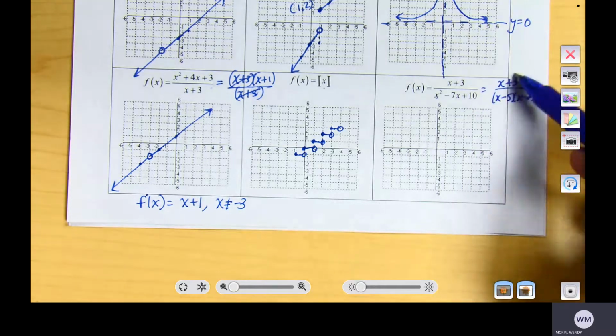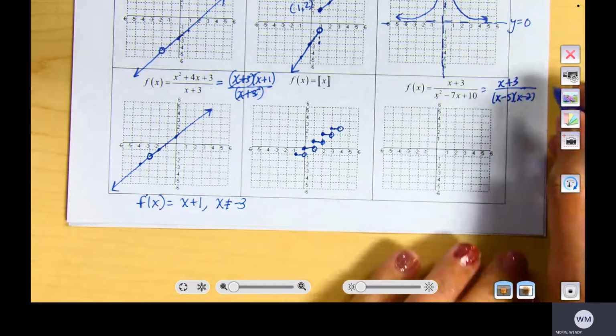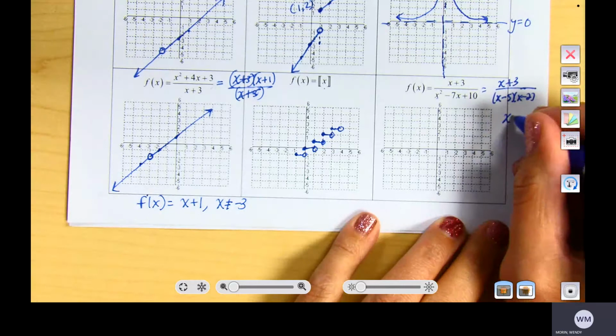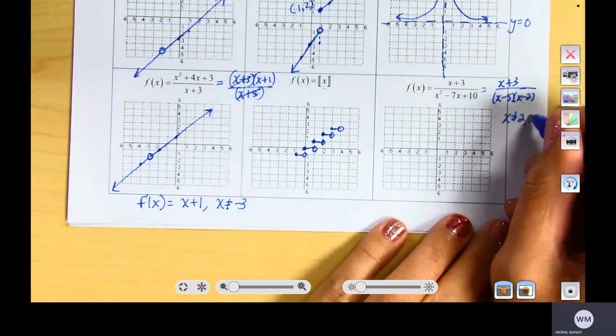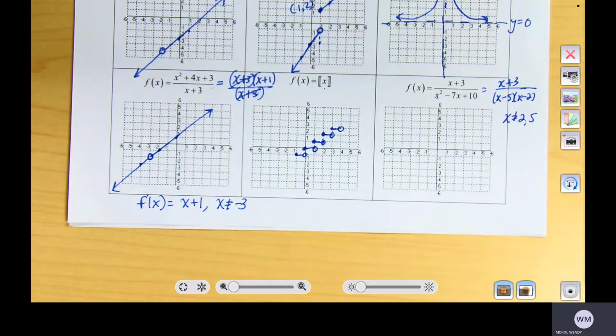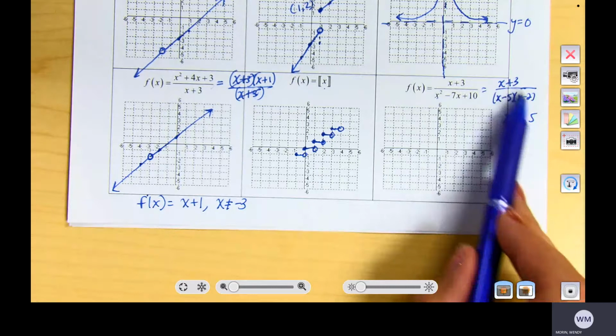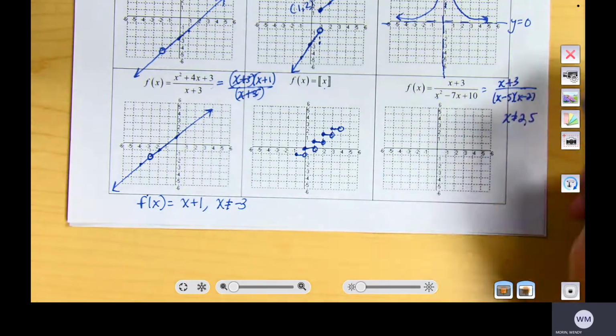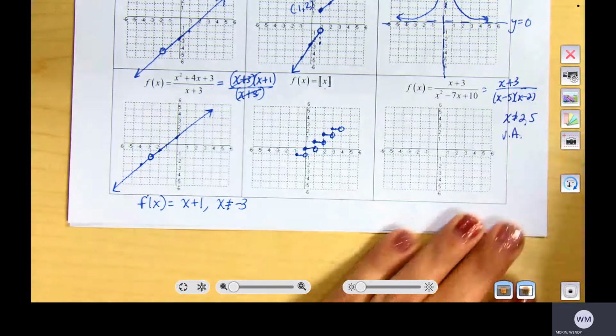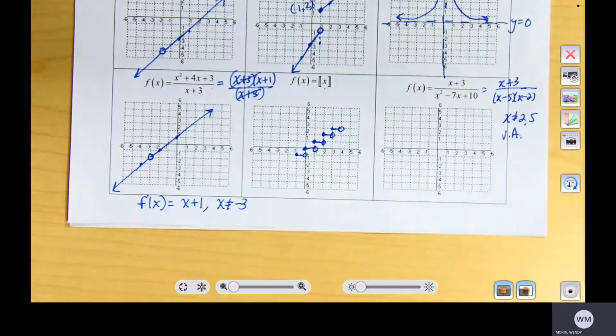So it's this equation, and x cannot equal what? 2 and 5. But they're not holes. They're only holes when you can reduce the equation, but I can't reduce the equation. So they're not holes. They are vertical asymptotes. You have to remember that.